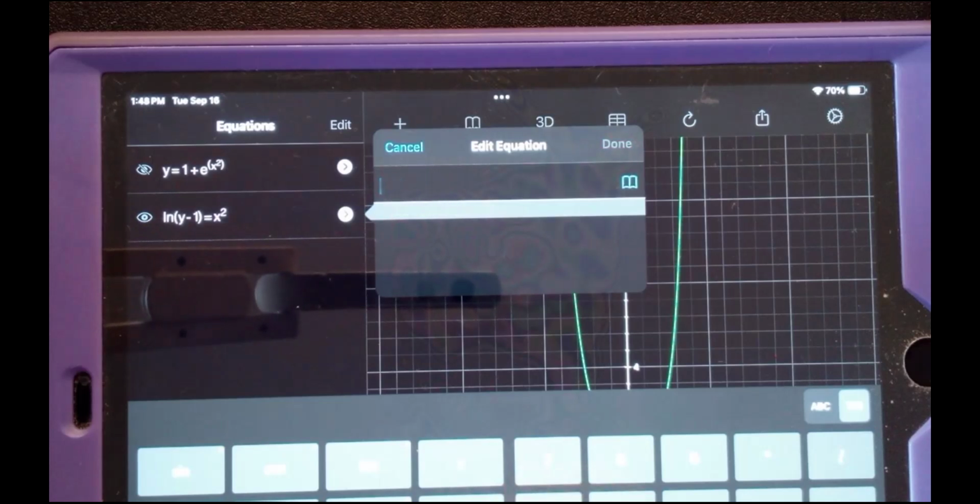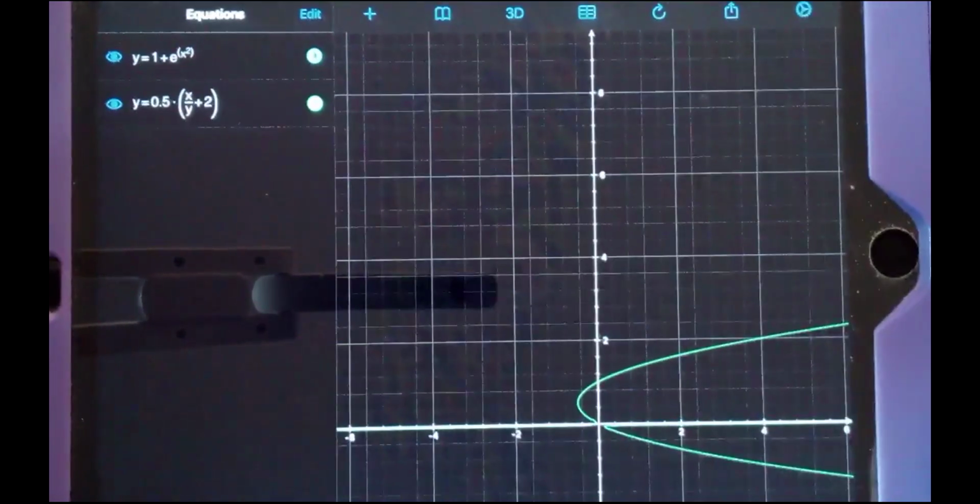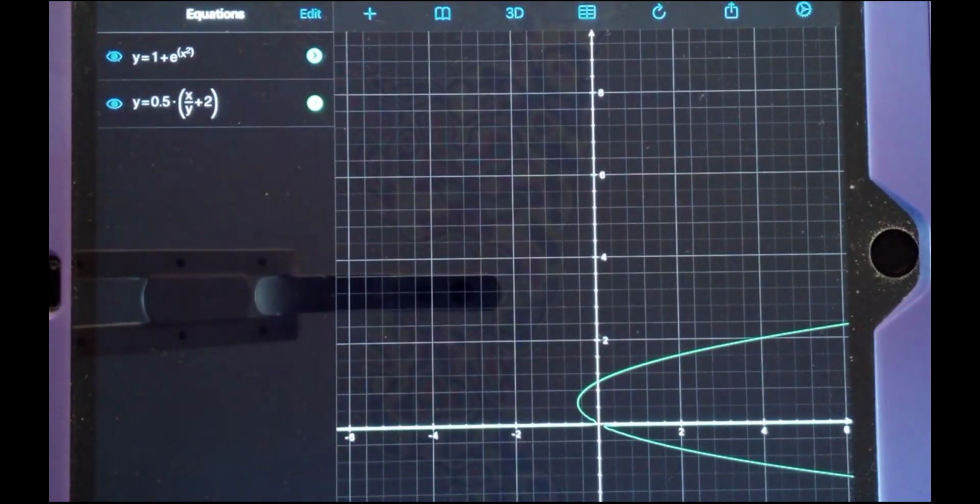And we have y equals 1/2 (x over y plus 2), right? Done. If they used the positive part of the square root only, we'd only get the top half, wouldn't we?